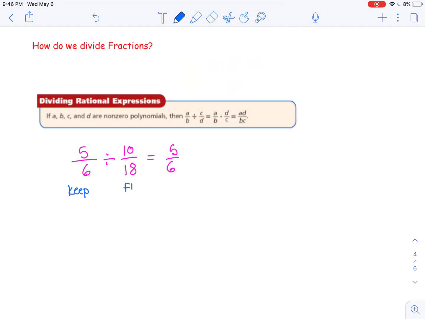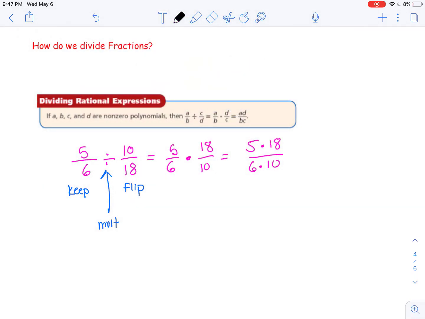I'm going to flip the second one, and I'm going to change to multiplication. So I get 5 times 18 all over 6 times 10.